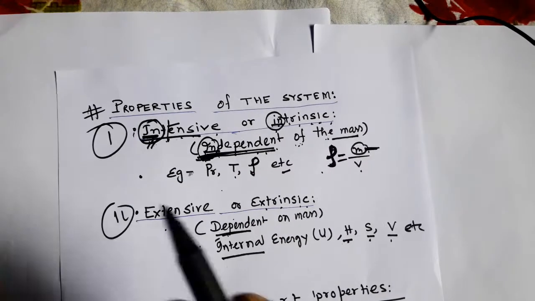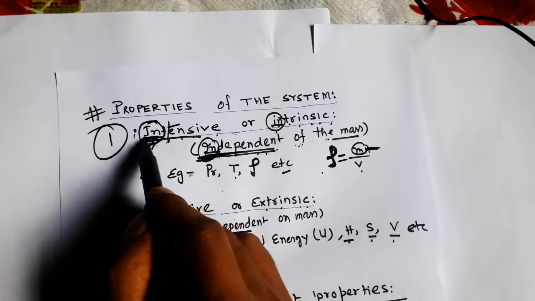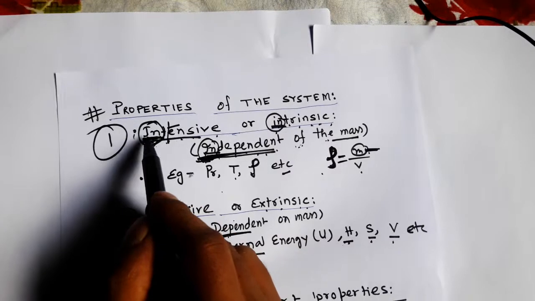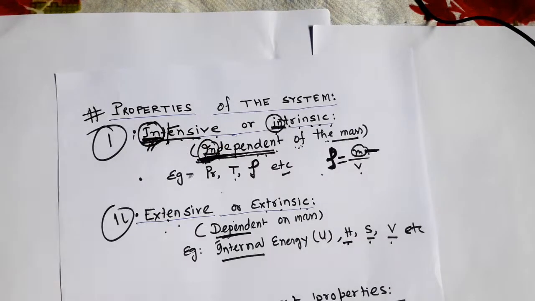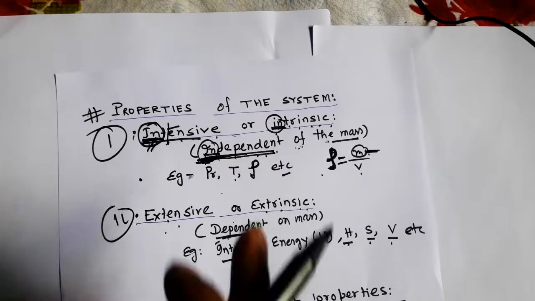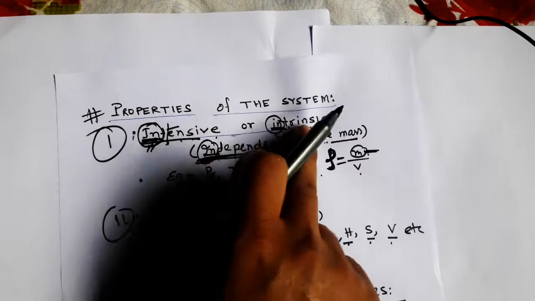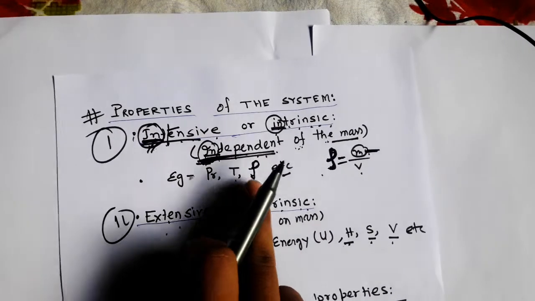So how to remember which one is dependent and which one is not dependent on mass? Just see here, the starting letters are I and N, and I and N. This is the tricky way to remember which one is dependent and which one is independent. So intensive and intrinsic properties are independent of mass: pressure, temperature, density, etc.